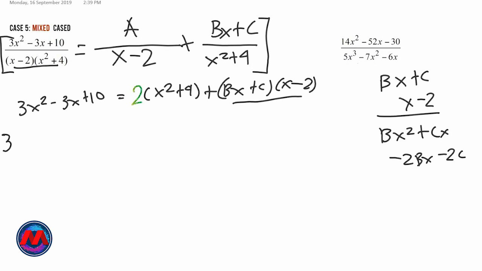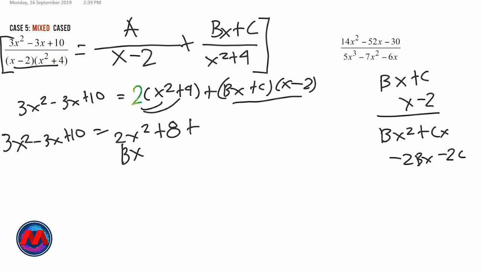So isusulat natin 3x squared minus 3x plus 10 equals 2x squared plus 8 plus Bx squared, i-align na lang natin siya as what we did last time, plus Cx minus 2Bx minus 2C. Okay.